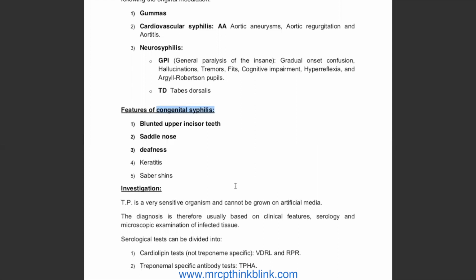Now come to the investigation. I have discussed it while we were doing past medicine, and I will discuss it again. Some tests are non-treponemal and some are treponemal.